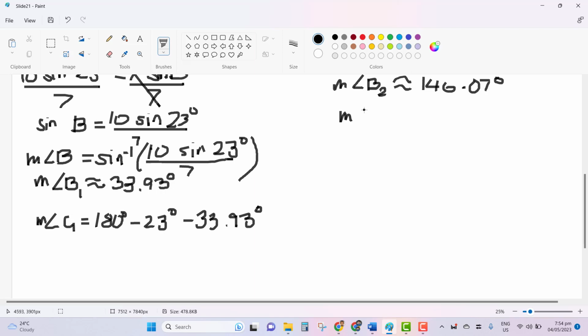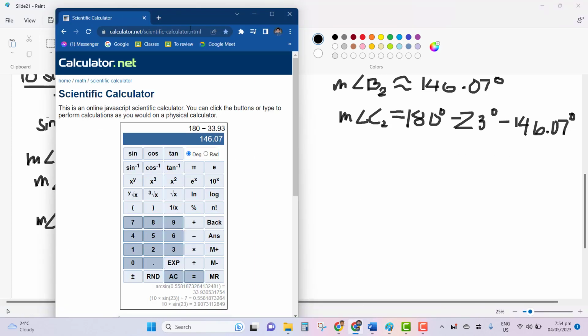For the measurement of angle C2, same concern, 180 degrees less the same angle A, 23 degrees, less angle B2, which is 146.07 degrees.